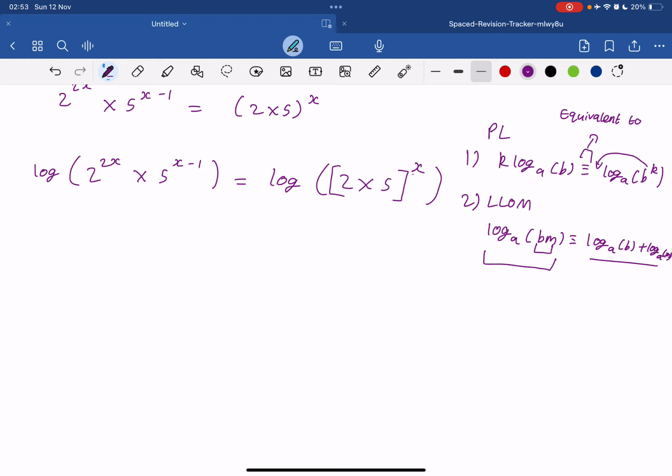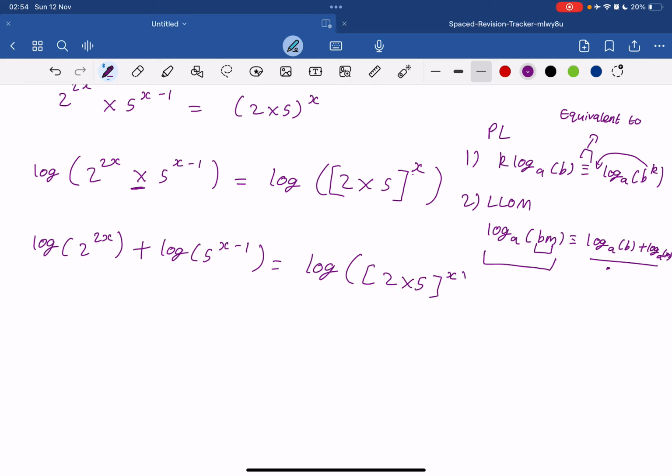That's essentially what the log law of multiplication is. So let's do that to both of these sides. Let's do the log law of multiplication to this left-hand side because we can clearly see it's being multiplied. So log 2 to the power of 2x plus, obviously using this law, log 5 to the power of x minus 1 equals log 2 times 5 to the power of x.